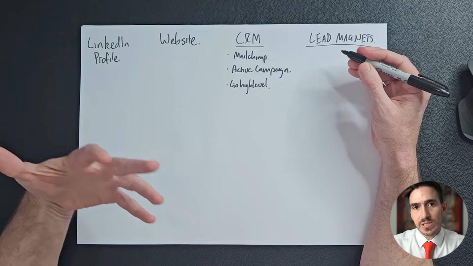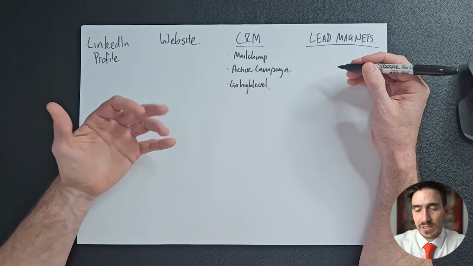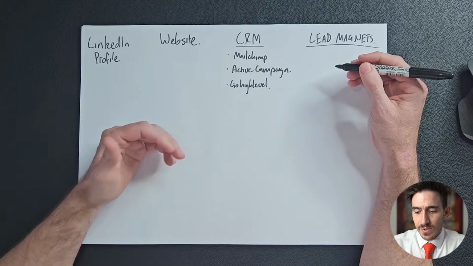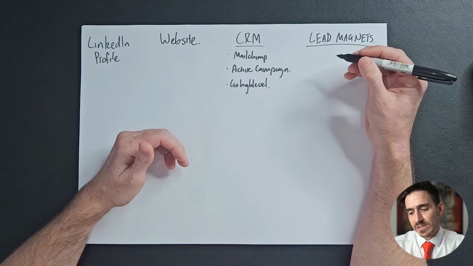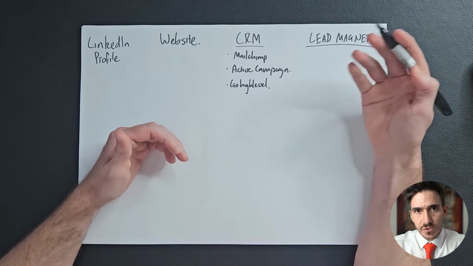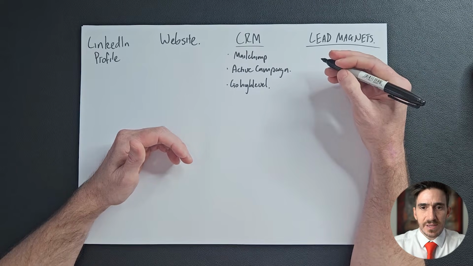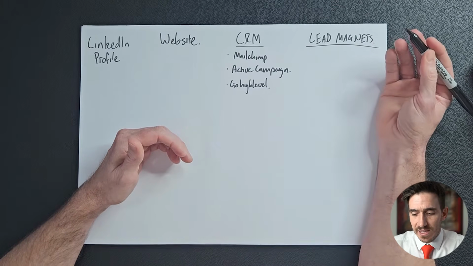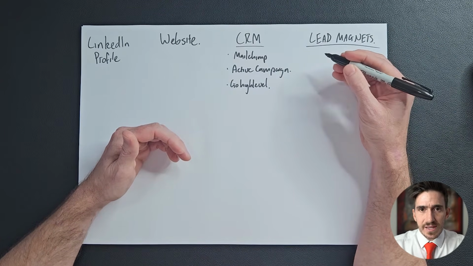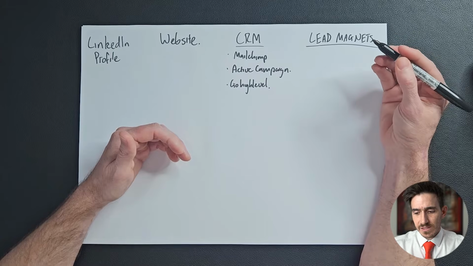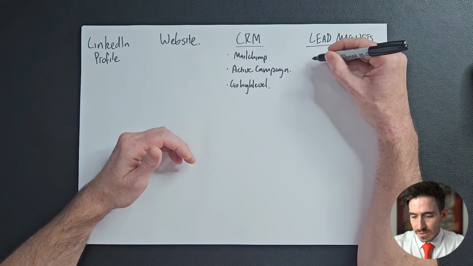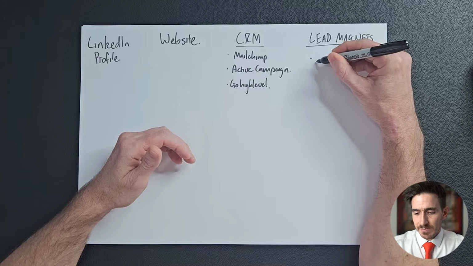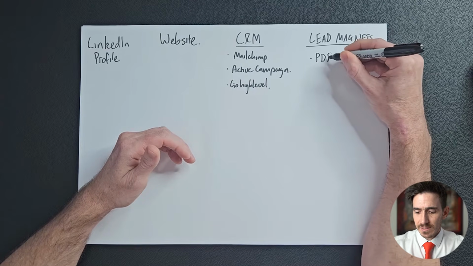It's a way to capture your prospects' information and communicate your value and add value to your potential clients so that you build trust with the audience, and inevitably you'll get leads and clients out of it as a result. So there's a few different ways that you can create lead magnets and capture people's contact details. Some of the main ones are having a PDF guide that people download.